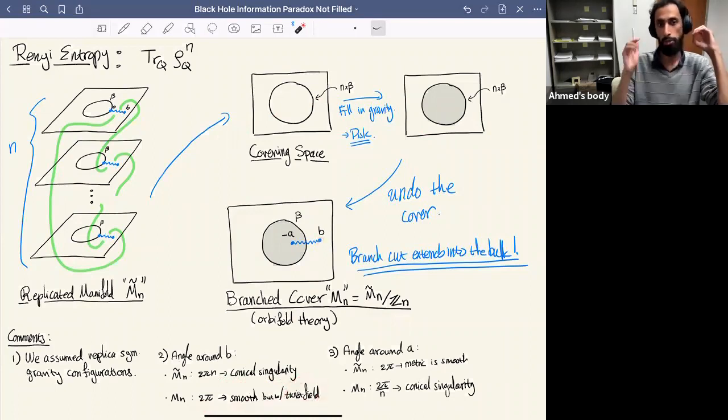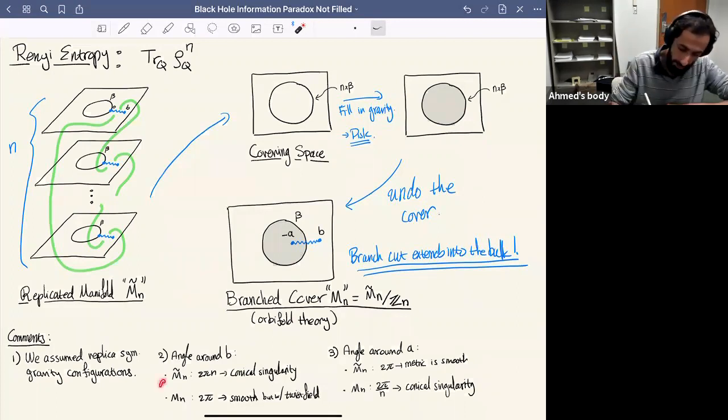So it's like you're in the orbifold theory, but you have a twist field at the point B. In some sense this is kind of semantics, but I think this is the better way to think about it.